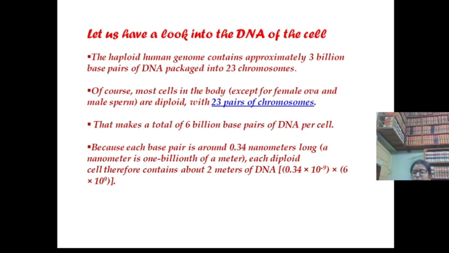Because each base pair is around 0.34 nanometers long, a nanometer being 1 billionth of a meter, each diploid cell therefore contains about 2 meters of DNA. So 0.34 × 10^-9 × 6 × 10^9. This is the amount of DNA you have in the cell.